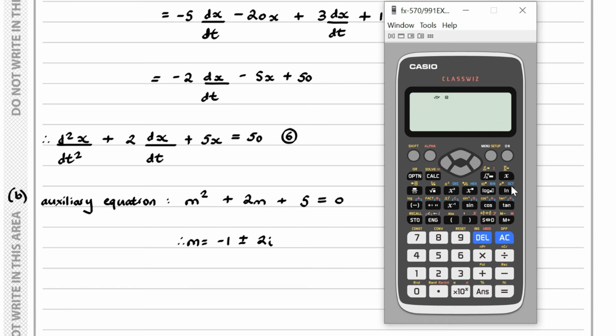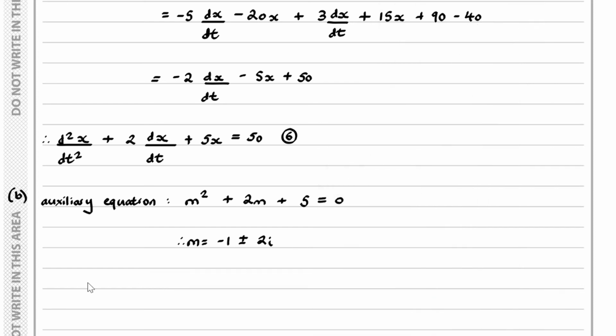So knowing that we have complex roots, we can therefore conclude our homogeneous equation, we have e to the minus t lots of a times by the cosine of 2t plus b times by the sine of 2t.